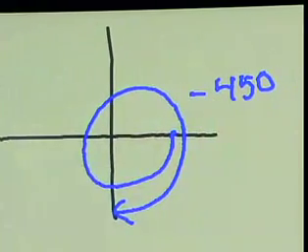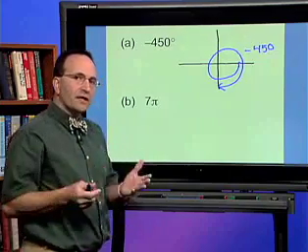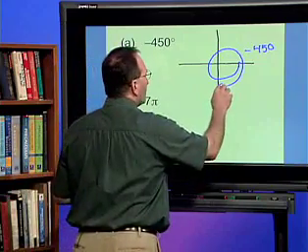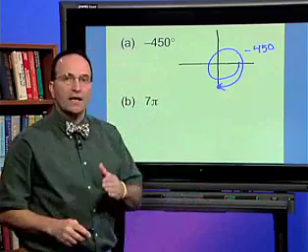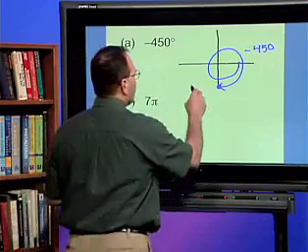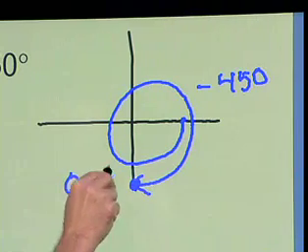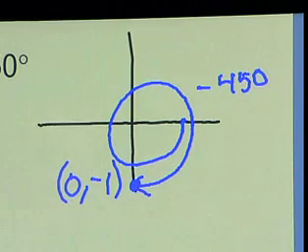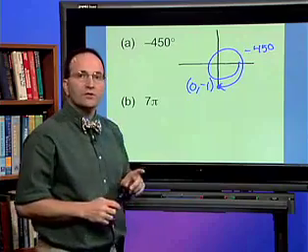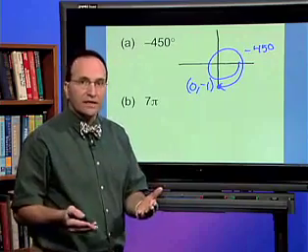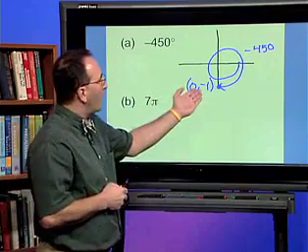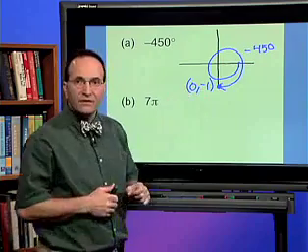What's interesting about this is, yes, we don't get a reference triangle, but we do know that this lies on the axis, and we can label that point, for instance, 0, negative 1. If we then want to find the trig functions for those angles, all we need to do is use our y and x values.